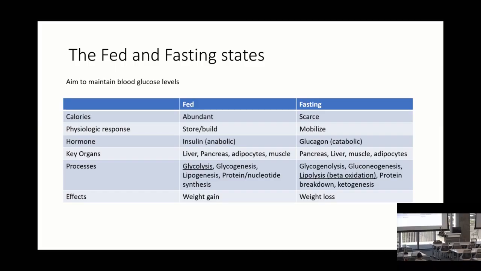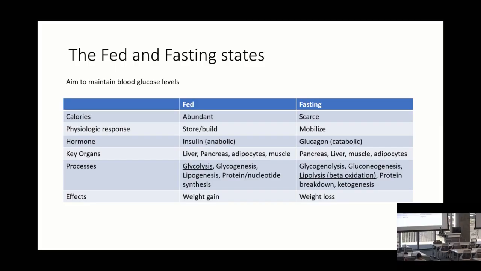You try to move the calories and put them away somewhere, and insulin is the hormone that does that. The key organs involved are the liver, the pancreas, adipocytes, and the muscles. The processes are glycolysis and glycogenesis, all the synthetic anabolic processes in the body.